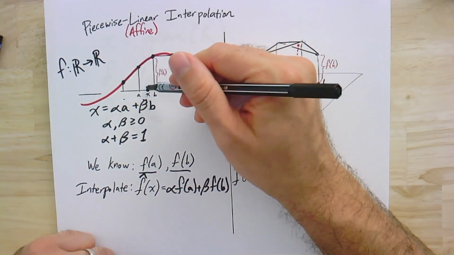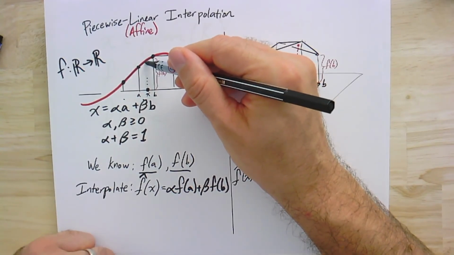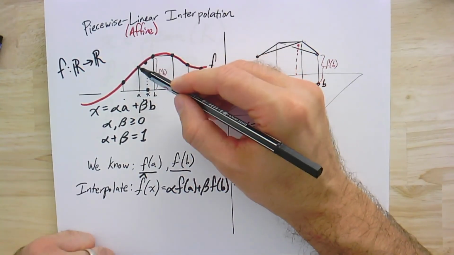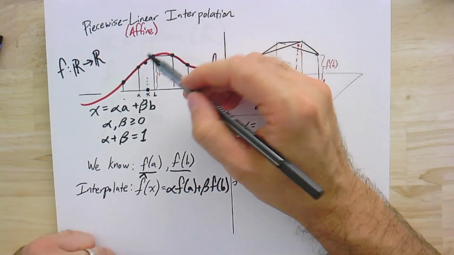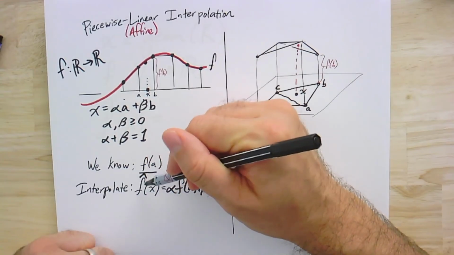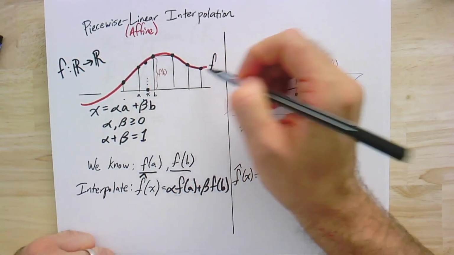In the approximation, that's like lifting x up to this point that's on the straight line segment between a, f of a, and b, f of b. So it gives me a piecewise linear interpolation, and this hat version of the function is the one that goes straight line, right through.